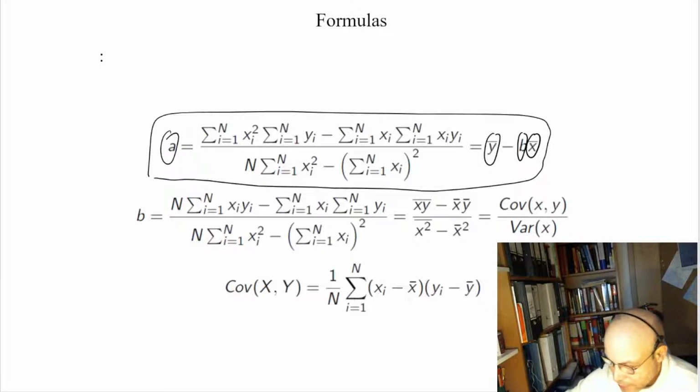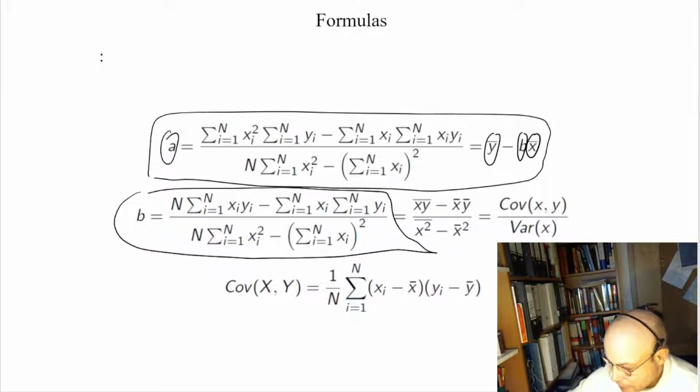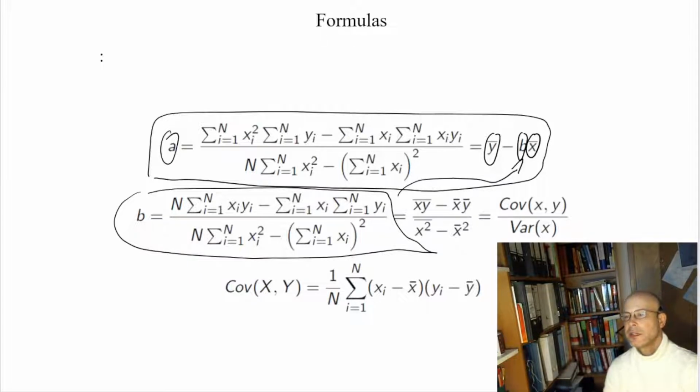So if we have calculated B, then we can put this into these two average points and we obtain directly A.